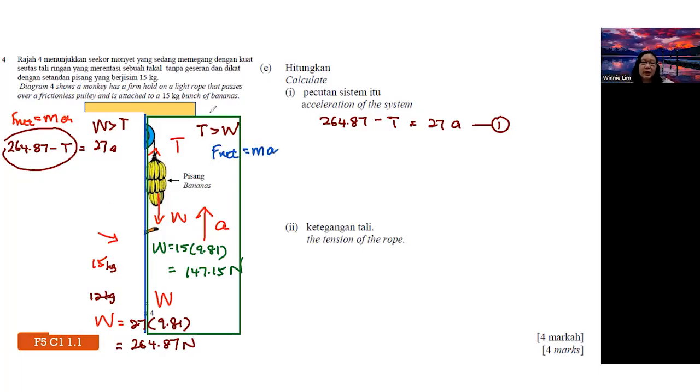And the case for this now is T minus W, because I assume up is positive now, down is negative. Because we always want the net force to be positive. So instead of W minus T like just now, it becomes T minus W. This is always the part that confuses students when forming equations. So I will have T minus 147.15 equals to the mass of the bananas only, which is 15A. Hence, I have formed the second equation.